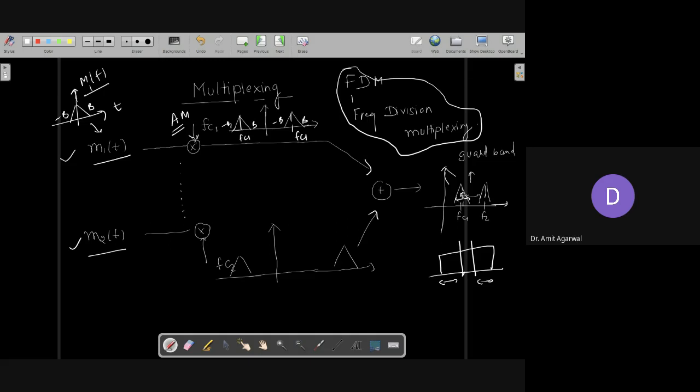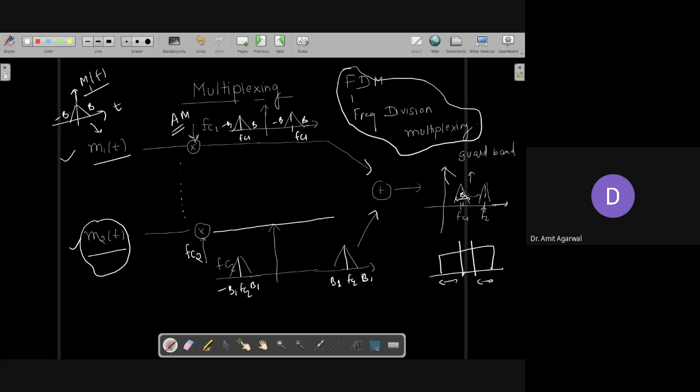At the same time, if you want to send another signal M2(t), whose bandwidth is B1, you can upconvert it using a carrier of frequency FC2. The spectra of this modulated signal will be centered around FC2.